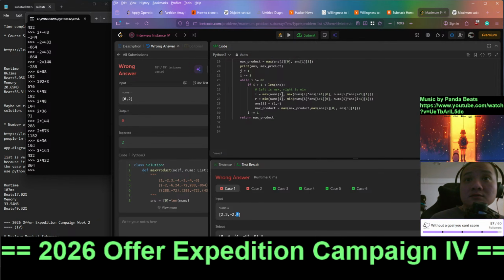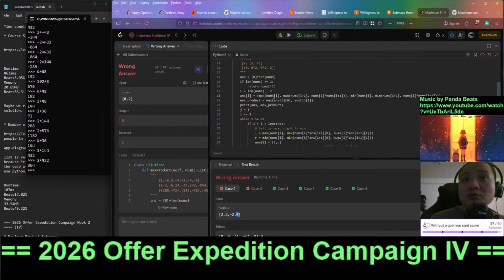then we also probably need to do the same thing here. So the left is going to be that, right? Probably. And the right is going to be the same thing.